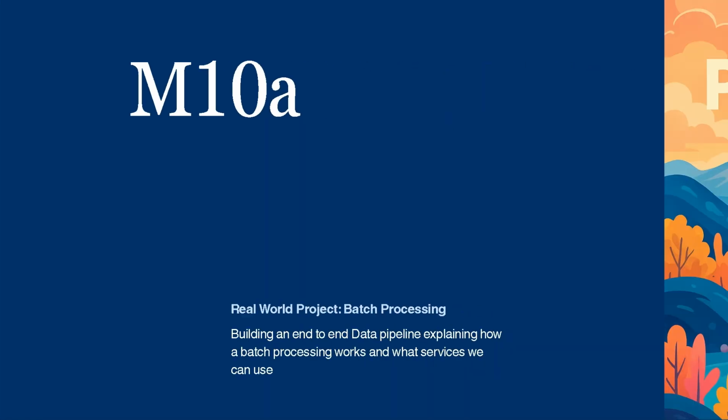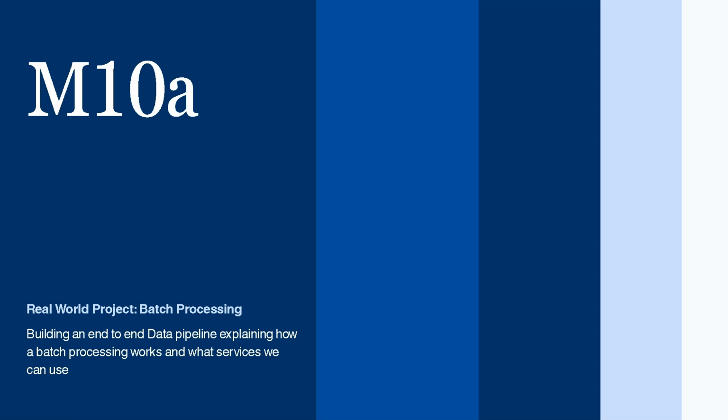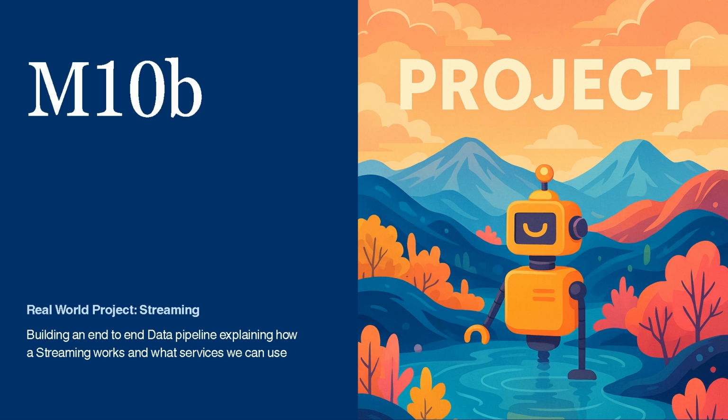And then we have three sections in module 10. One is a real-world project for batch processing, and one is for streaming. It will be a simple project for the streaming, because the more complicated the project is, the more complicated the data, and the more cost you will get.